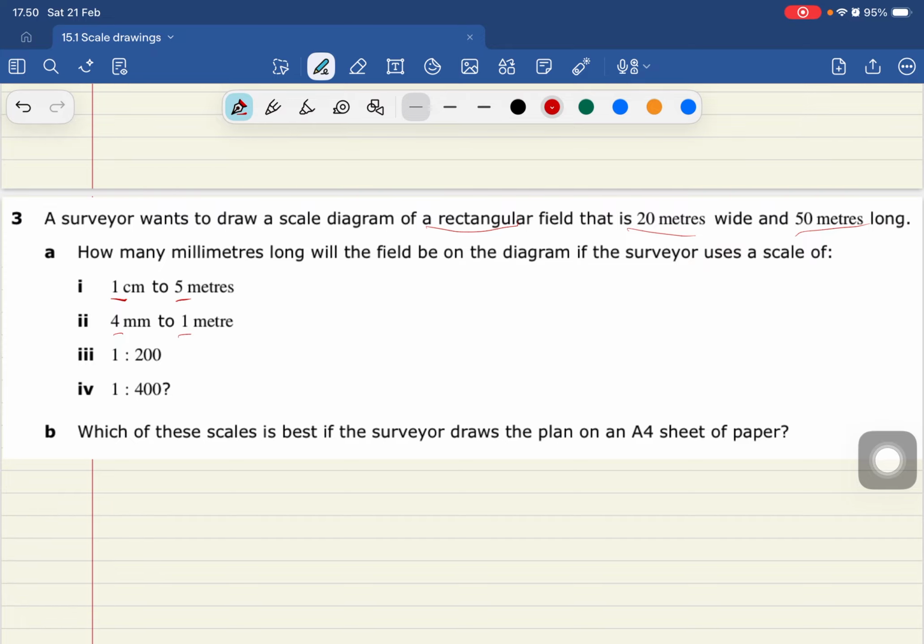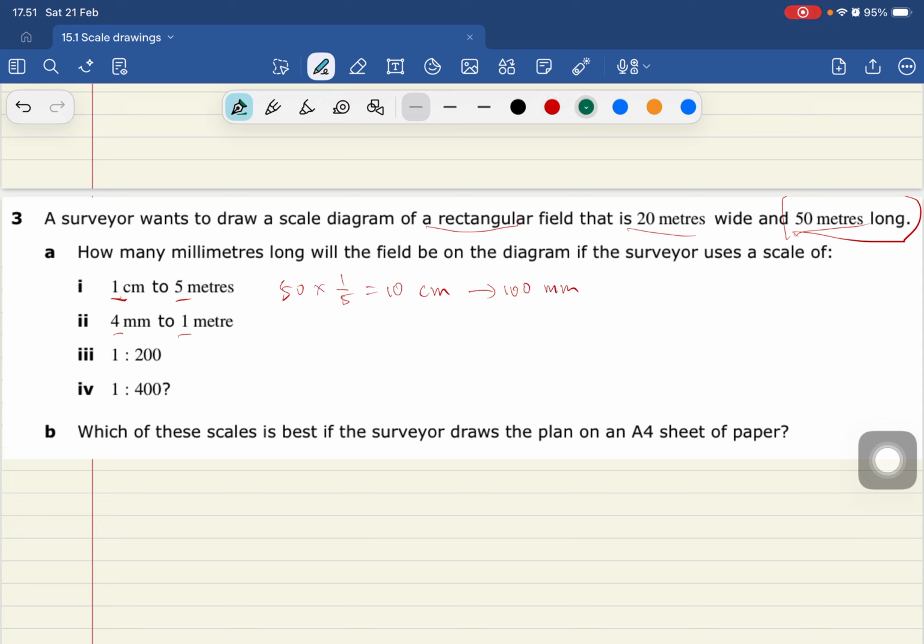Let's start with the long side, which is 50. As the scale is 1 to 5, we multiply by 1 over 5. It's going to be 10 centimeter. We convert to millimeter, so it's going to be 100 millimeter.